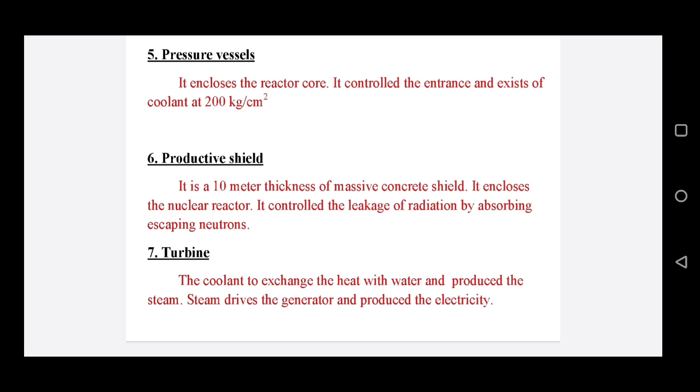It controls the input and output of the coolant. Coolants have the major role in the fission reactor. Coolants are normally liquids circulated throughout the reactor and they absorb the heat from the fission reaction and utilize this heat for the production of steam.